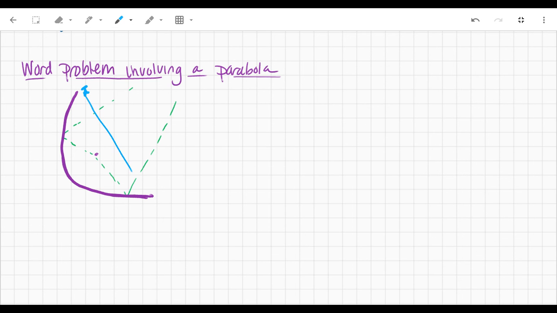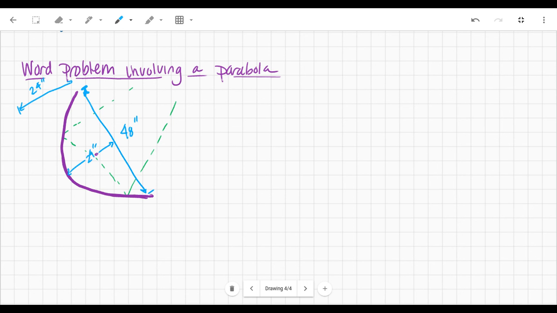Okay, this measurement is 48 inches. Okay, and they say it's 24 inches deep. So this measurement is 24 inches. Or on my drawing, they show it from the outside that this is 24.